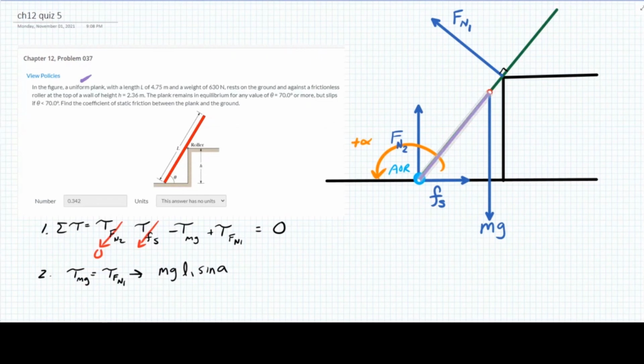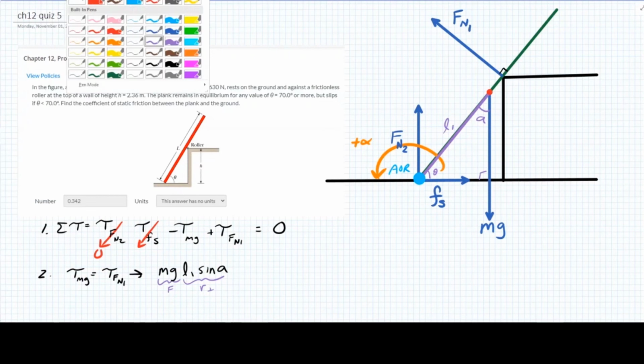And here's the angle between them, A, and that's knowable because this is theta and this is 90 degrees. So this is my force, this is my torque arm. I'm calling this L1.